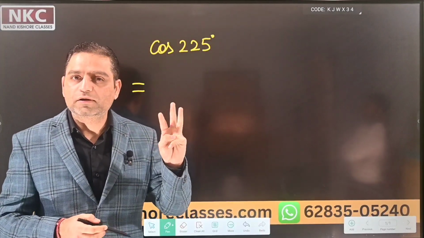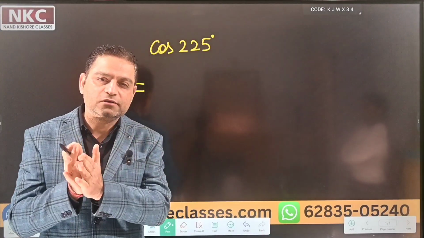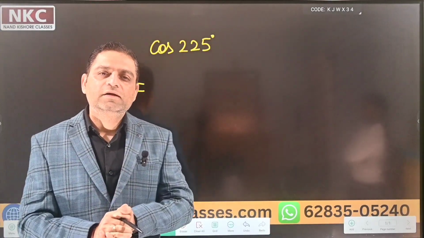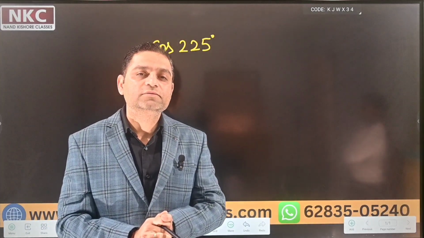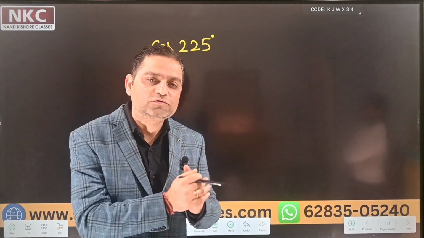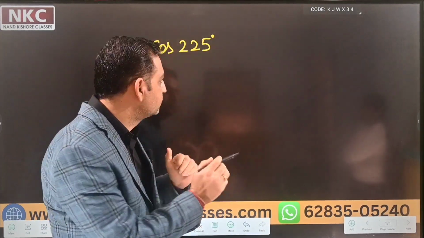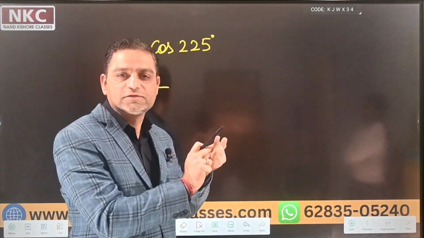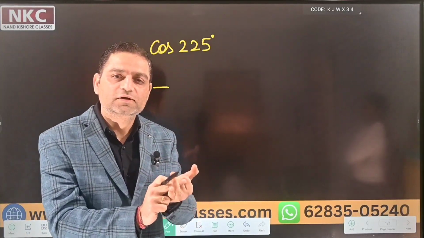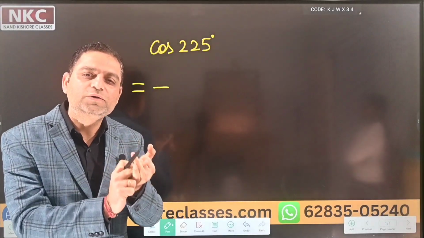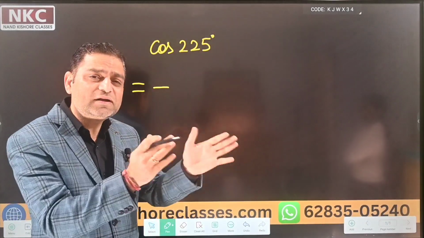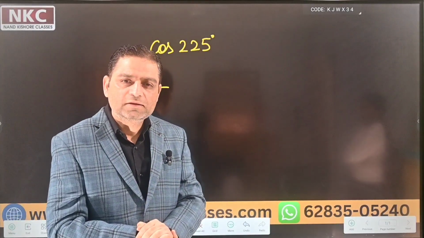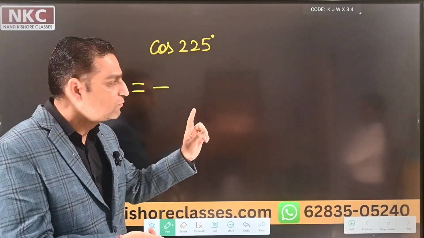It's coming in the third quadrant, 180 plus something, right? In the third quadrant, what is the sign of the cos value? It's going to be negative, because we had studied after school to college. So T comes in the third quadrant, that means tangent and cotangent are positive, and the remaining all are negative. So cos is negative.